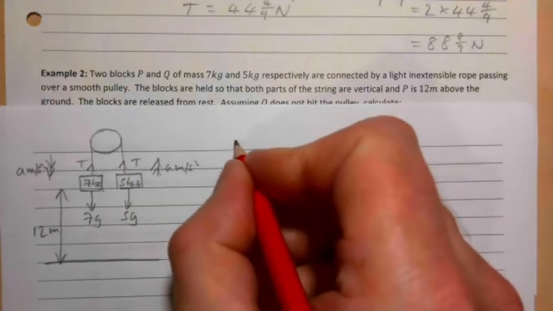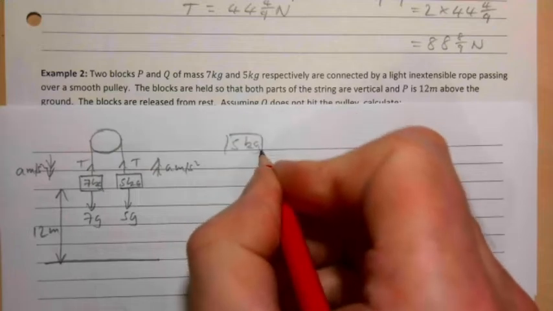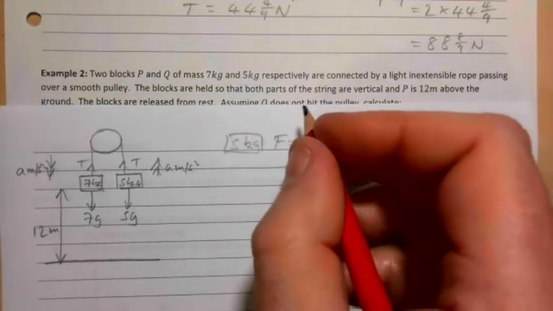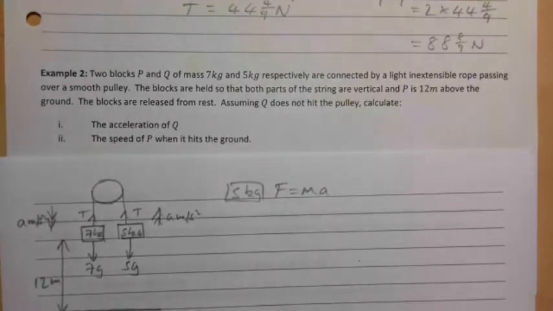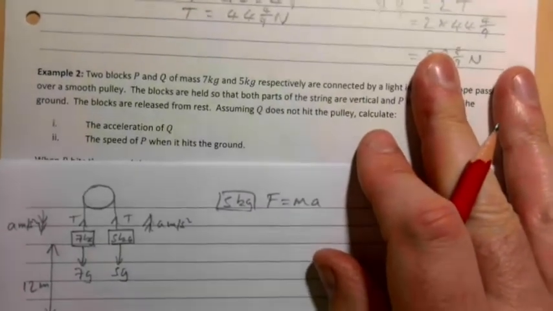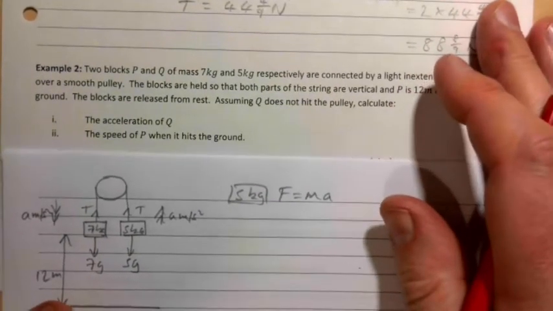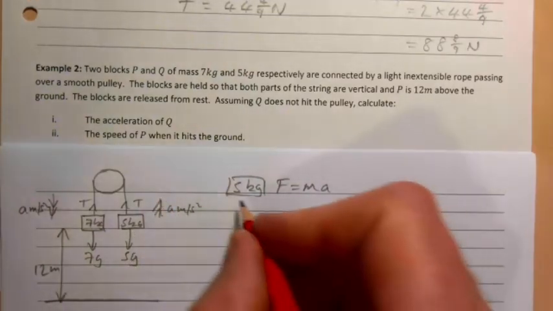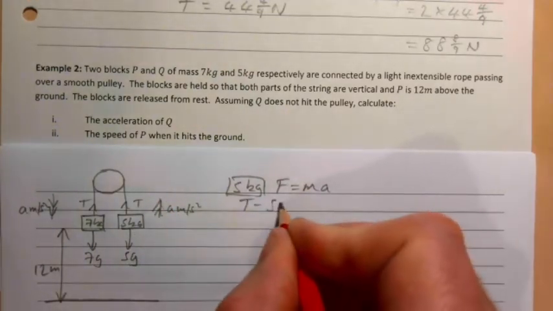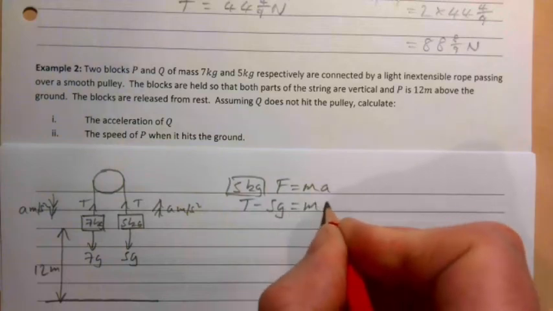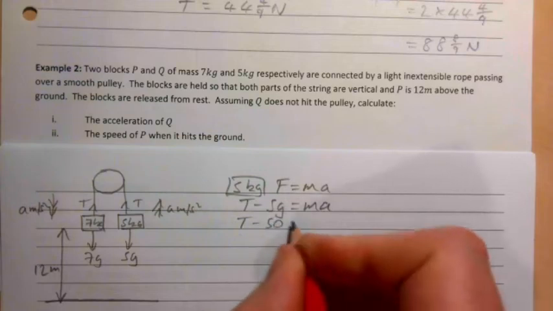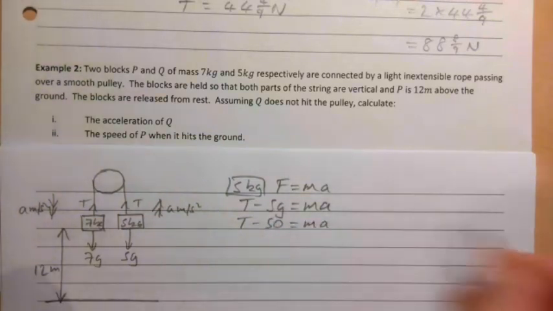So first of all, for the 5 kilogram one, we do F equals MA. So for the 5 kilogram one, it's going this way. So it's going to be T take away 5G equals MA. T take away 50 equals 5A.